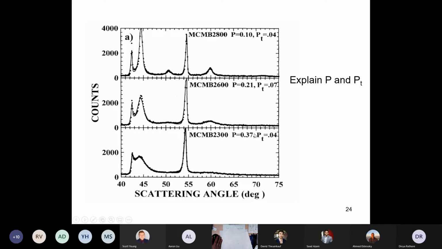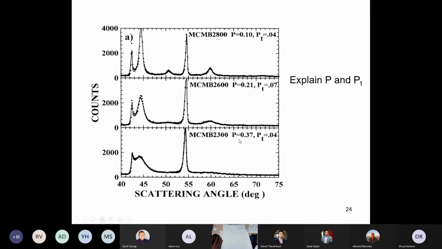And this PT is the probability that if you have 2 layers in AB stacking, the next one will be a C. So it's not a random rotation between layers, it's just a stacking fault. Instead of going A, B, A, and back to B, it goes A, B, C. Okay.